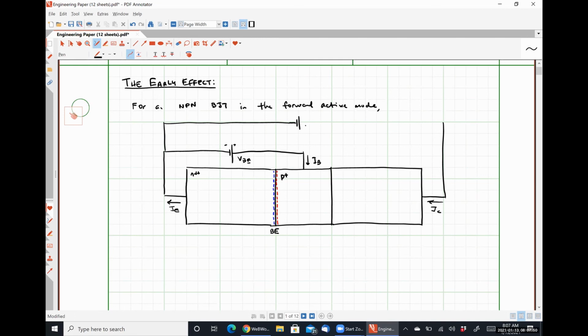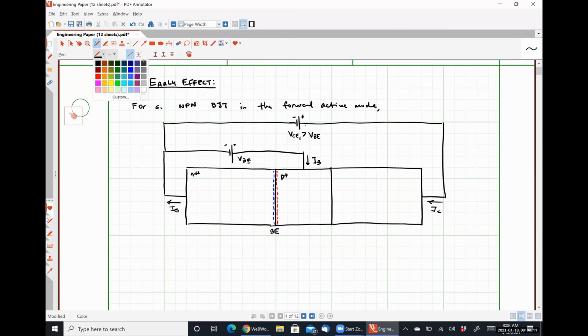And here's our collector emitter voltage, VCE, which is greater than, let's call it VCE1, which is greater than VBE.